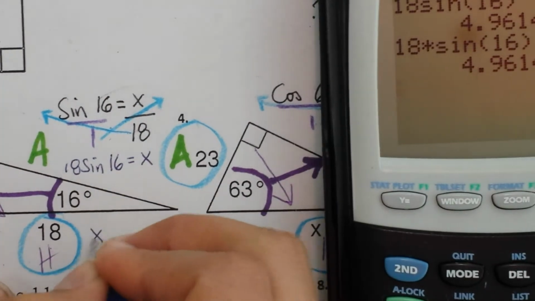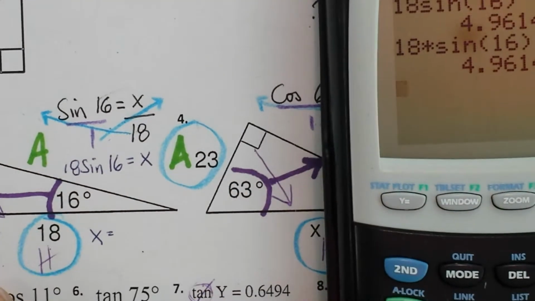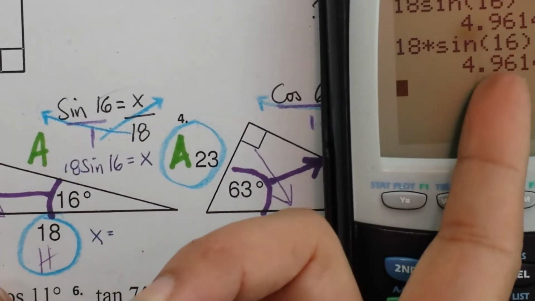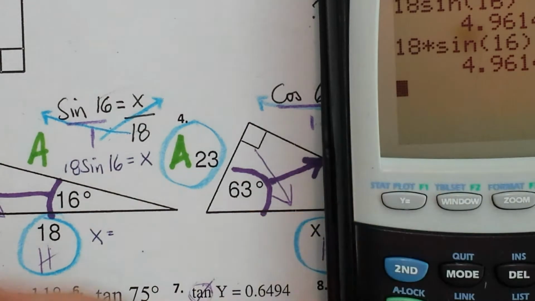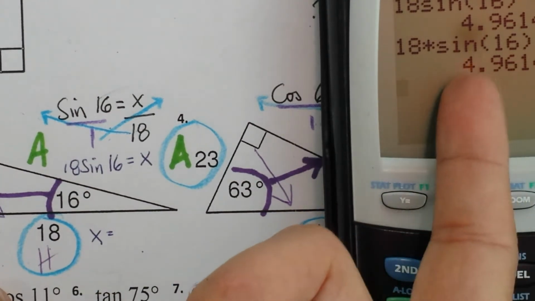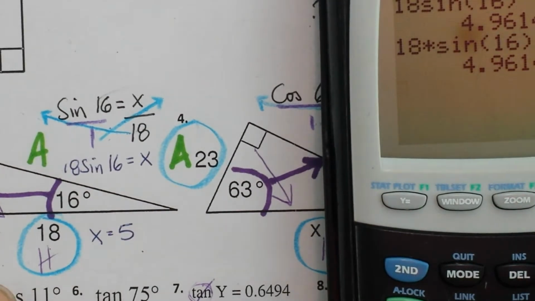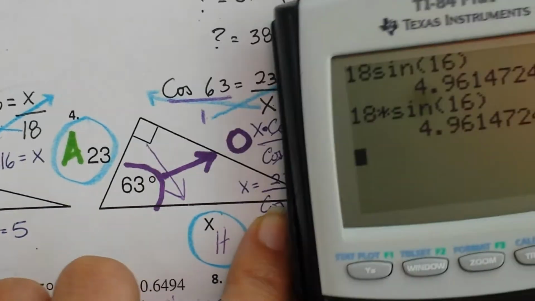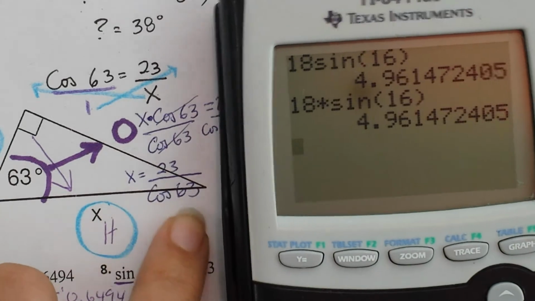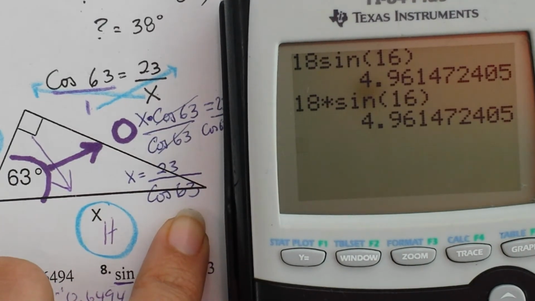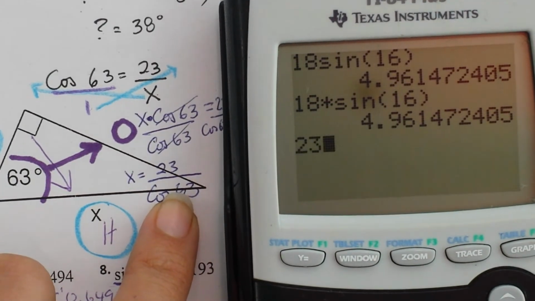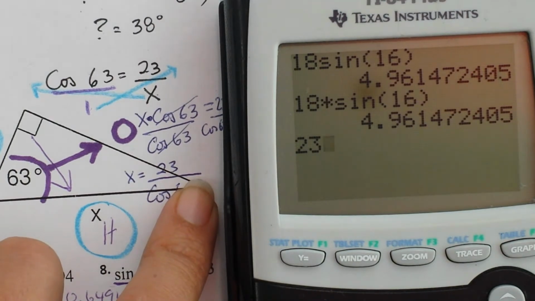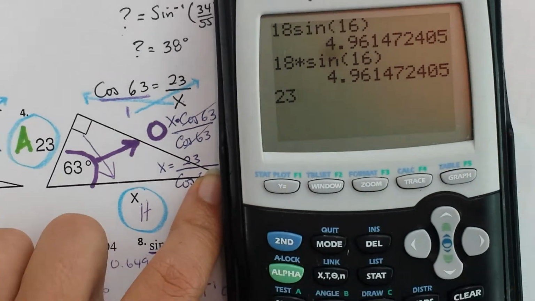All right, so x equals 4.96. Let's do it to the nearest tenth. So that's going to make that 0 and make that 5. All right, same thing right here. So x is 23 over, and to get the over button, you press division.